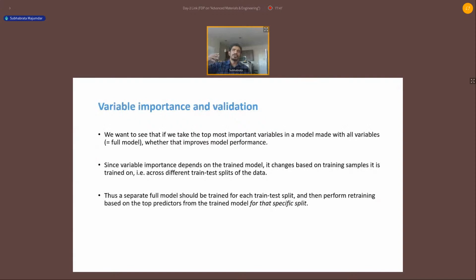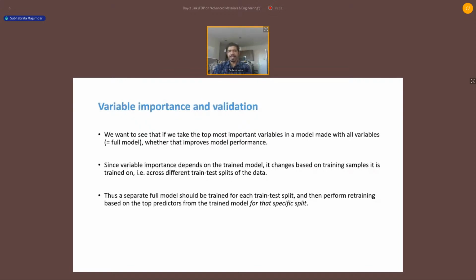So the evaluation metrics will also be different for different splits. For example, accuracy might be slightly different for different splits of this 415 compound data set. That's why you do a large number of splits, then average those metrics to find a more stable value of the evaluation metric.